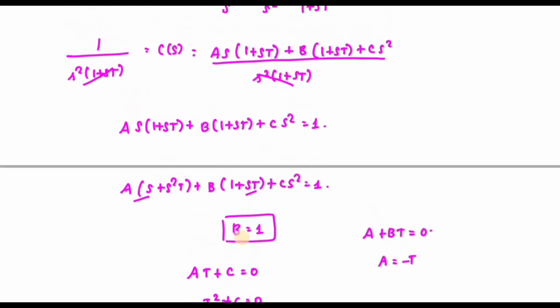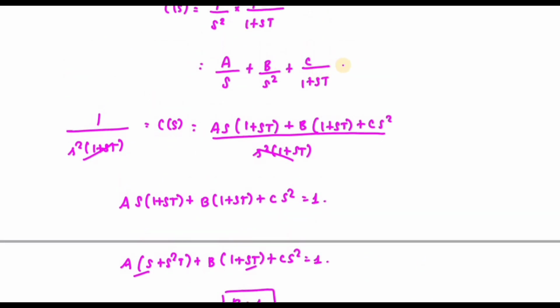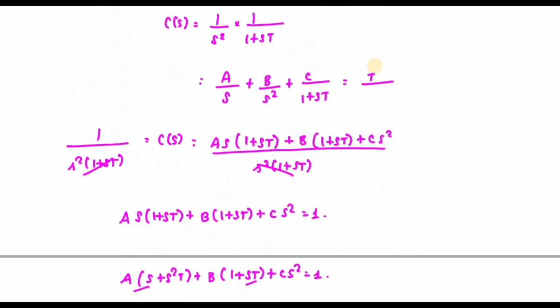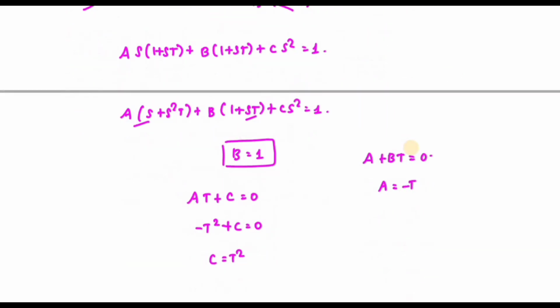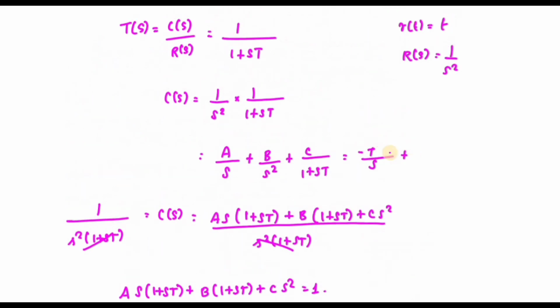So what is A? A is minus T. Substituting, minus T divided by s plus B value is 1, so plus 1 divided by s square, plus T square divided by (1 + sT).